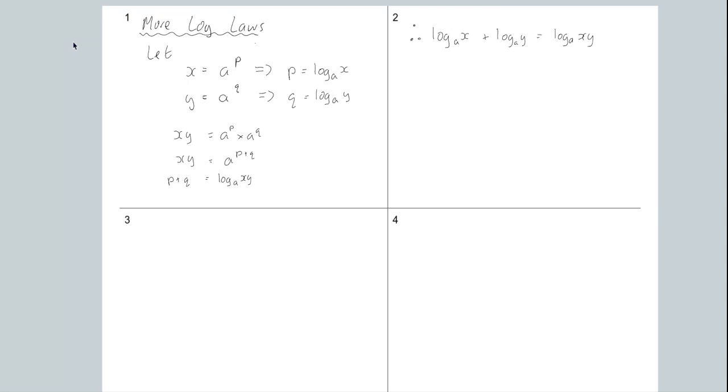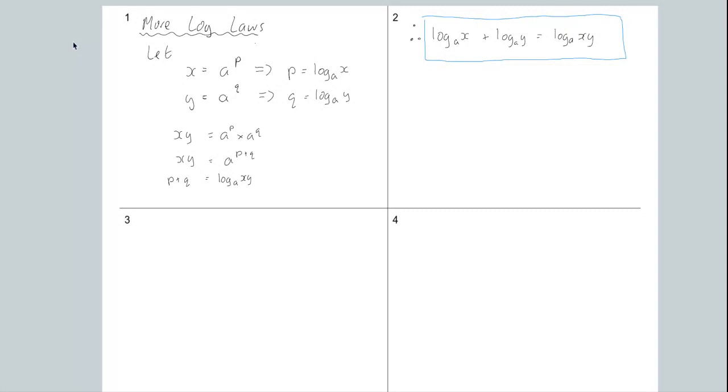Just like the exponents split when there's multiplication. They're all connected effectively. So that's rule number one, that log base a of x plus log base a of y is equal to log base a of xy.